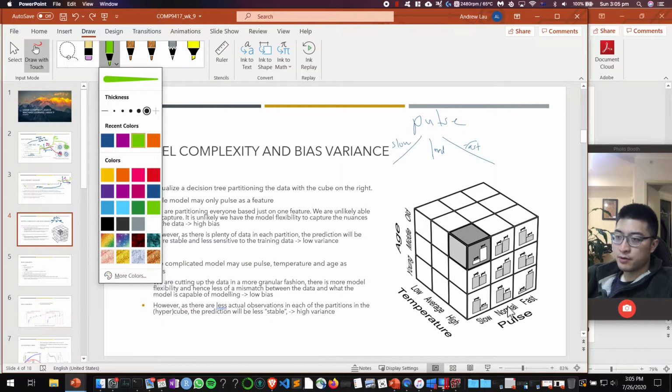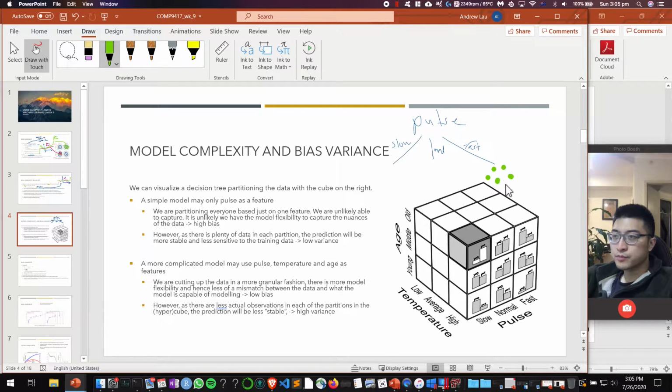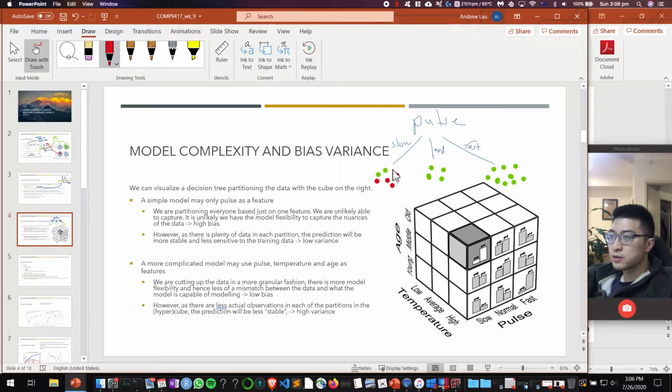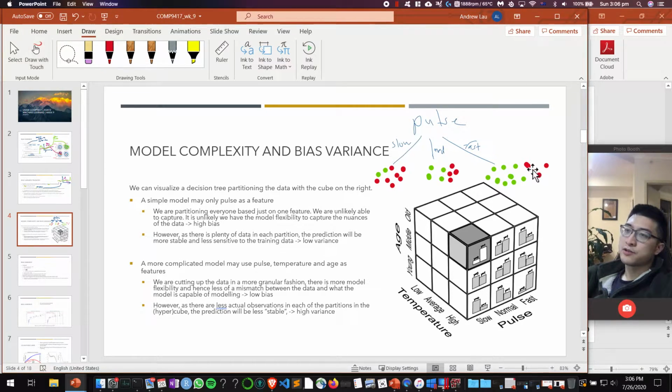So I'm just going to make it up. Maybe your data set looks kind of like this, and you split the data like this, with one branch each for slow, medium, fast. Here you'd predict red or negative, here maybe 50-50, and then here in the fast you predict green or positive, right?